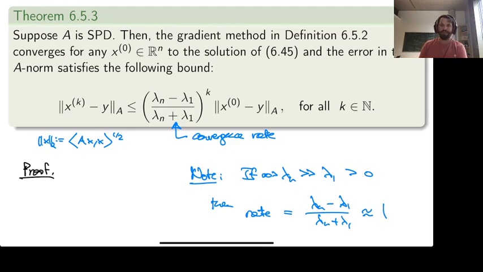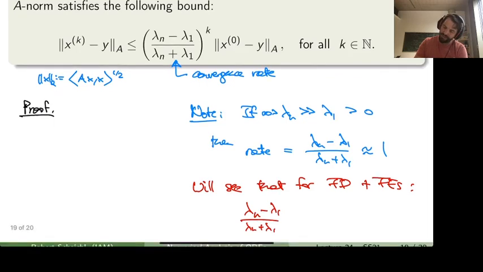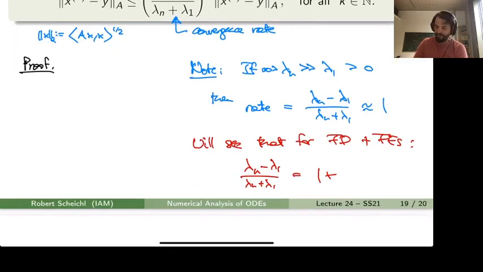In fact, we will see that for finite differences and finite elements, lambda_n minus lambda_1 over lambda_n plus lambda_1 is about 1 minus pi squared over 2 h squared plus order h to the fourth.